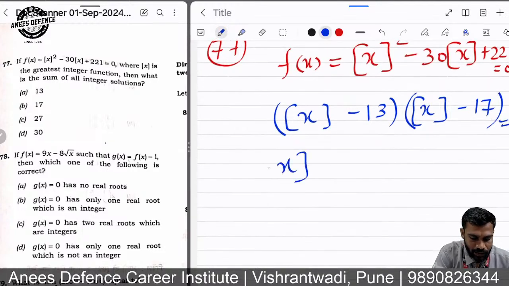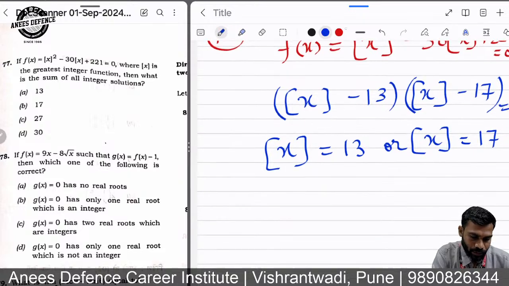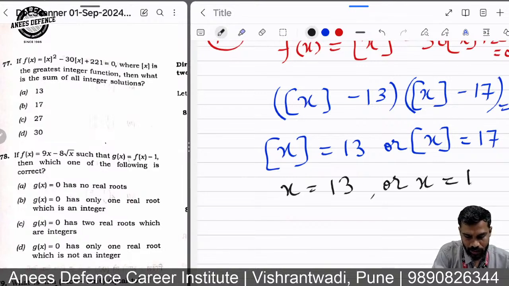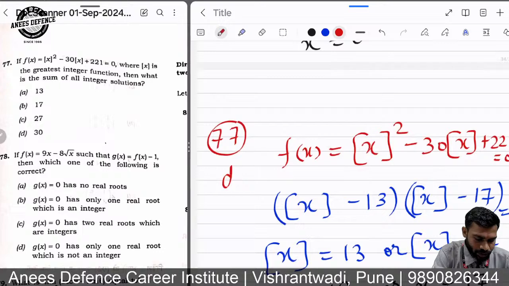So GIF of x is equal to 13 or GIF of x is equal to 17. They are asking for the sum of all integral solutions. So at x is equal to 13 or x is equal to 17, these will be the integral solutions. If you add both of them, you will get 30. The sum will be 30. So D will be the right answer. Question number 77.